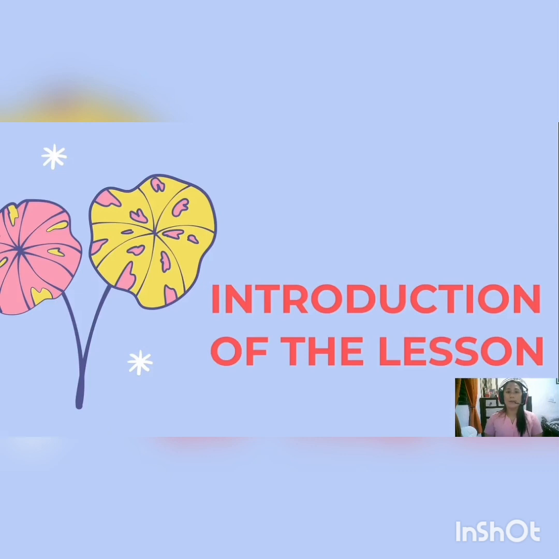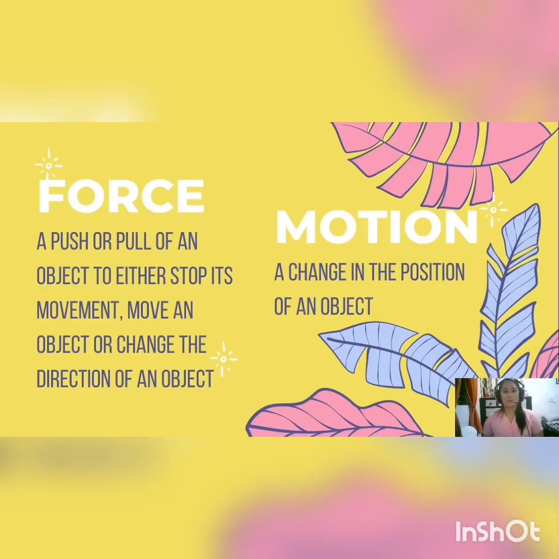Now, I think that all of you are already prepared with our lesson. So by those different terminologies, which are distance, displacement, speed, and velocity, let us use those ideas to enable us to describe what is a force and motion.